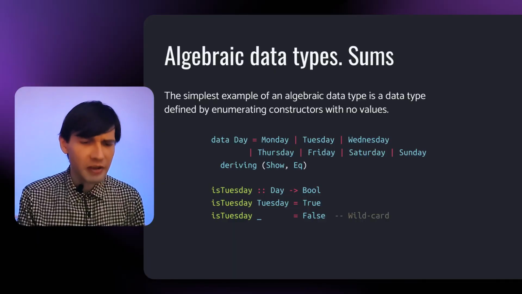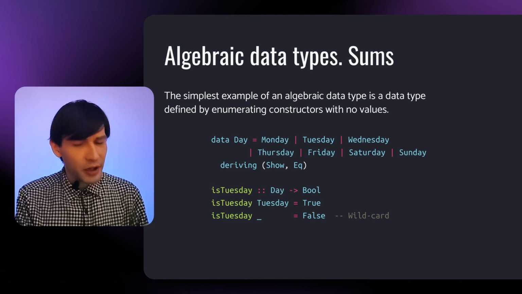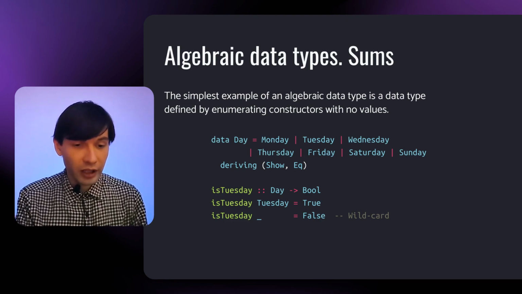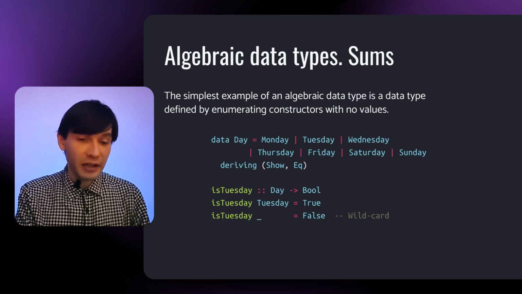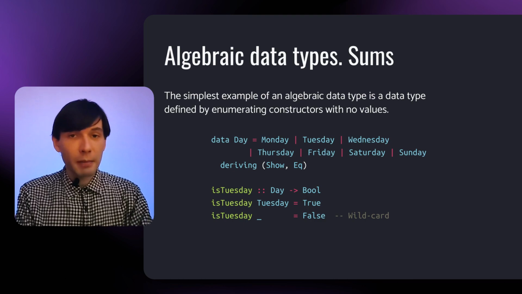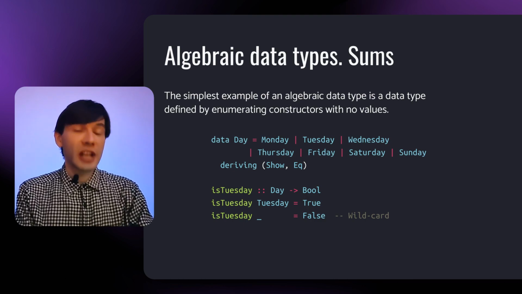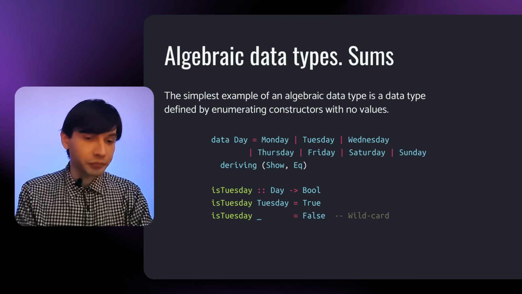The simple example of an algebraic data type is a type which is defined by enumerating some constructors with no values. Here is an example, the data type called Day. It consists of 7 values, each of which represents some day of the week.